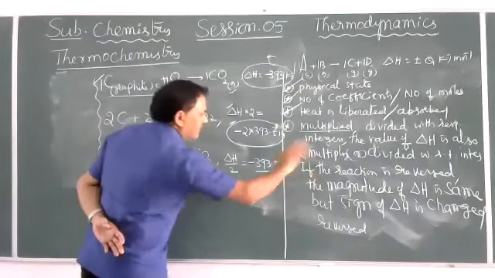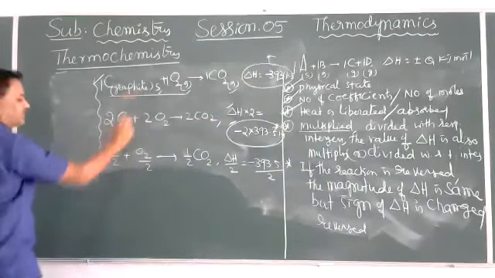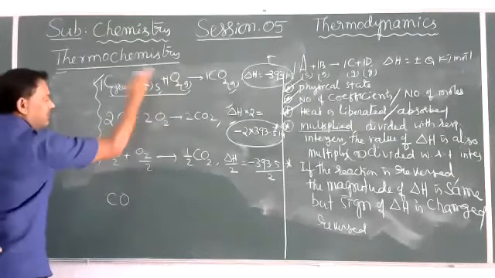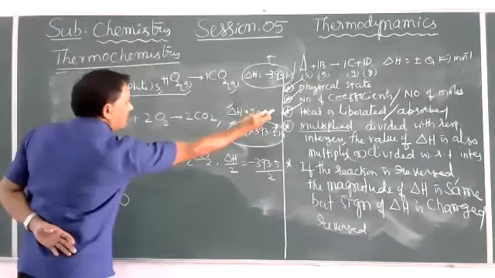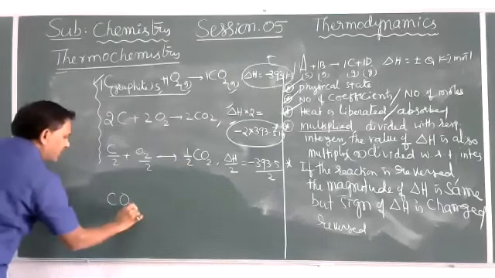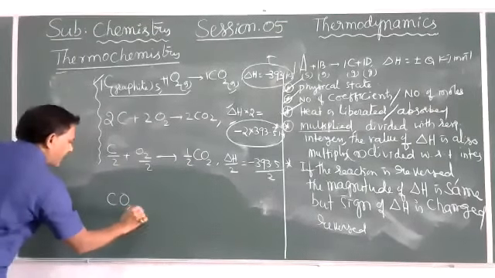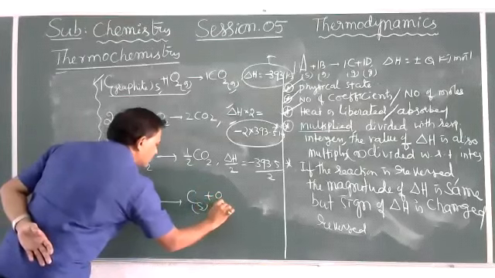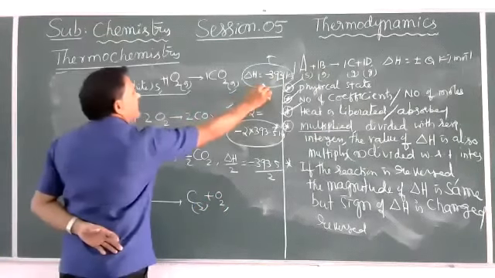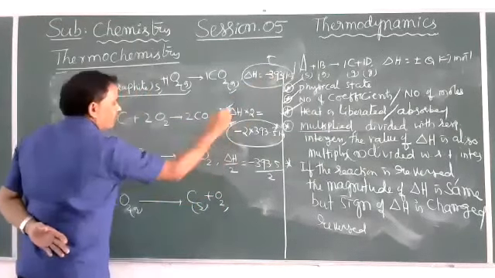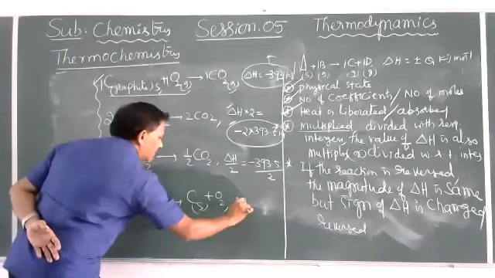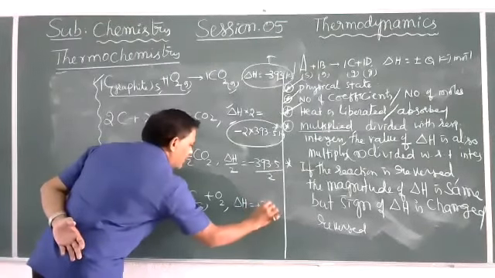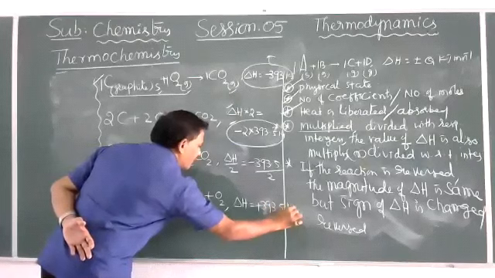If the reaction is reversed, products are converted into reactants and reactants into products. CO2 gas gives C solid plus O2 oxygen. In this case the value remains constant but the sign changes, positive 393.5 kilojoules.